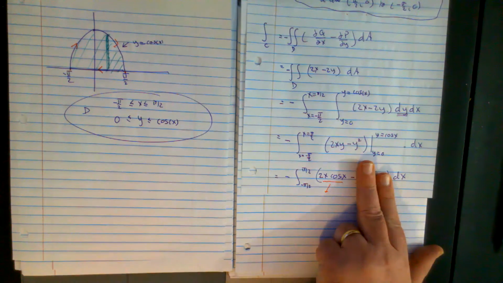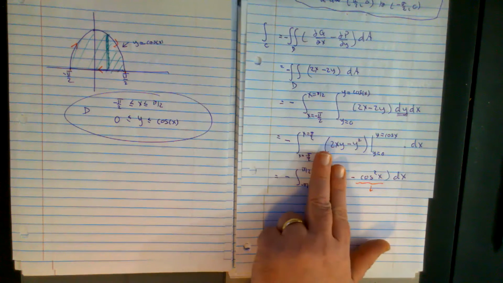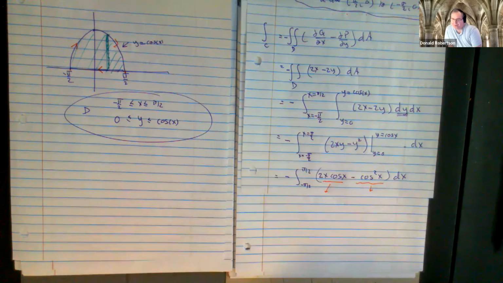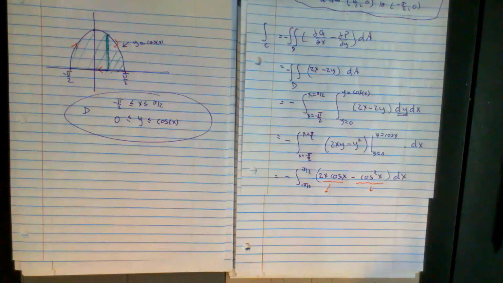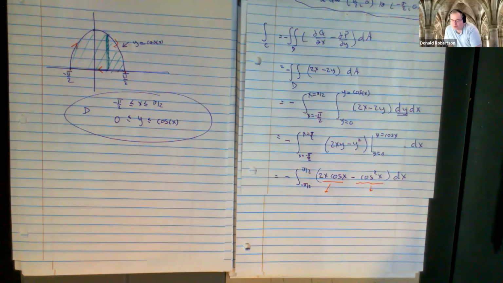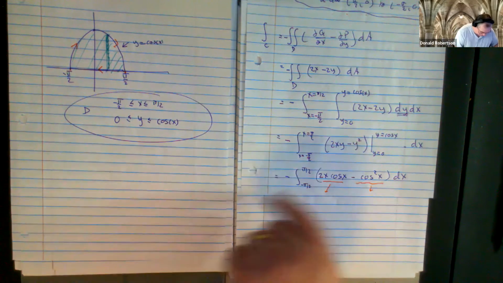Yes. And how will I integrate negative cos squared x? I used 1/2 plus cosine of 2x over the whole thing, and then that divided by 2. Right, so 1/2, 1 plus cosine of 2x, right? You do a trig identity, and those guys come out, and you are done.